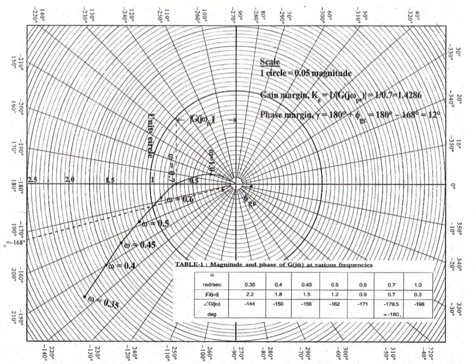So this is the polar graph. You can see circles and also lines. The circles represent magnitude, and the lines represent phase angle. For example, we start with 0 on the right-hand side, and you can go clockwise or anti-clockwise.